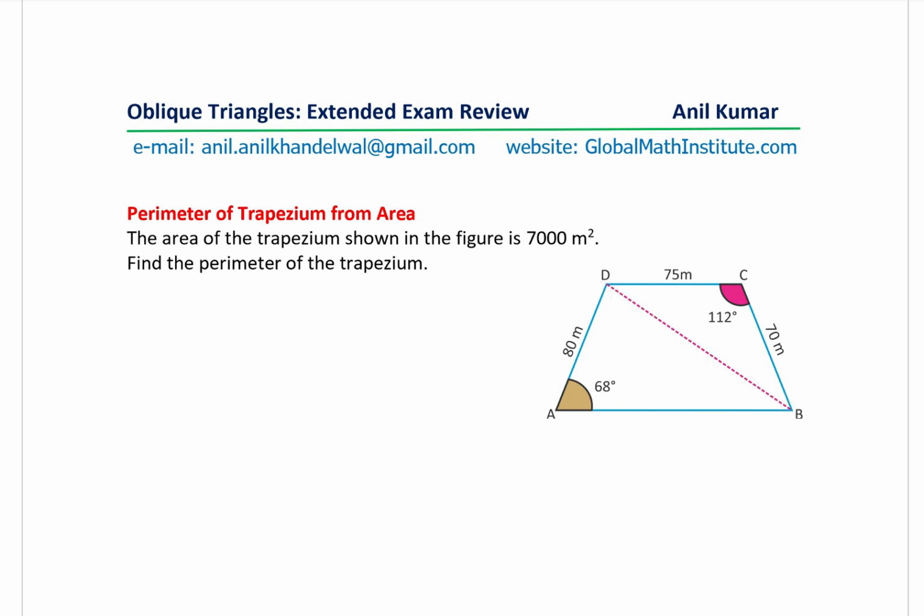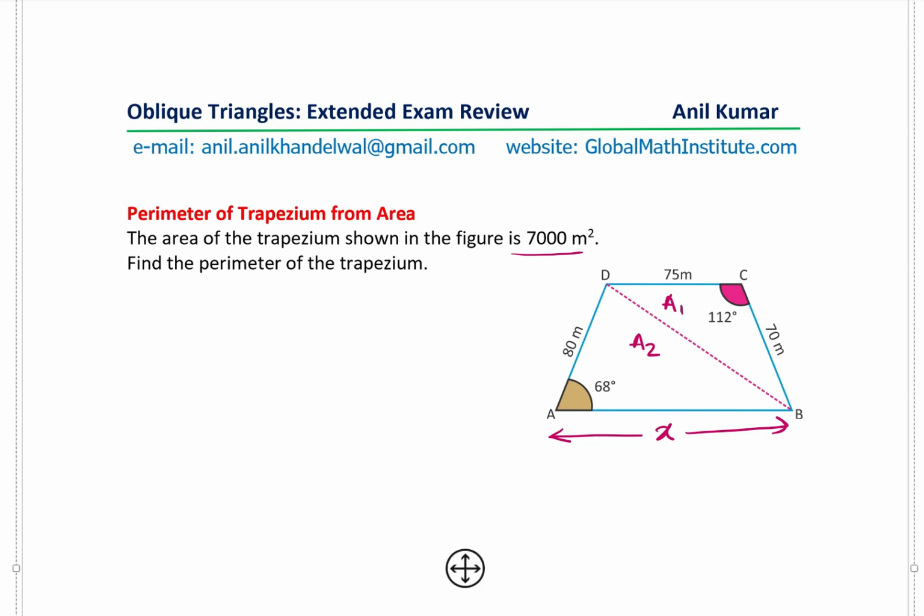We'll call them area 1 and area 2. So let us say that this particular part here is area 1 and this is area 2. What we need to find is the side length A to B, and we are given the total area of 7,000.